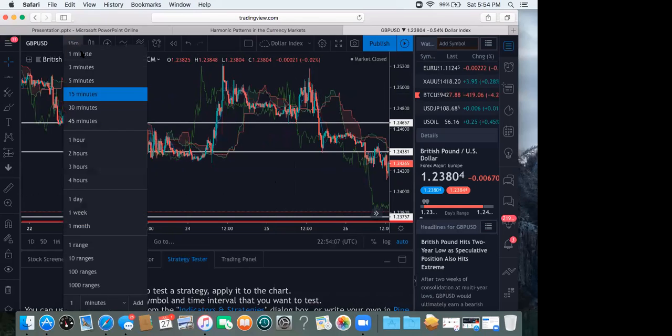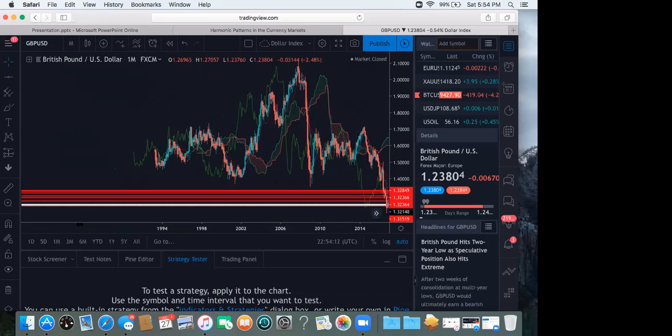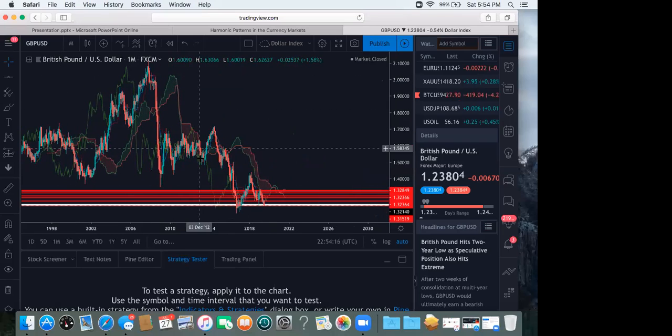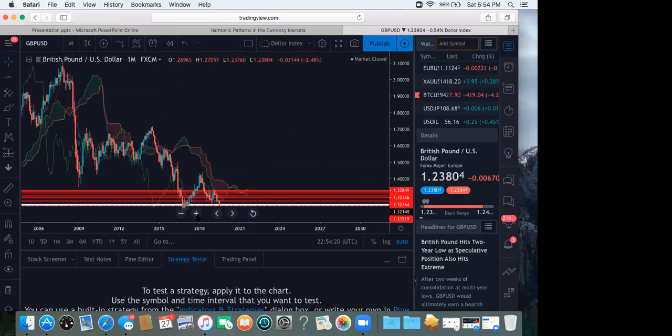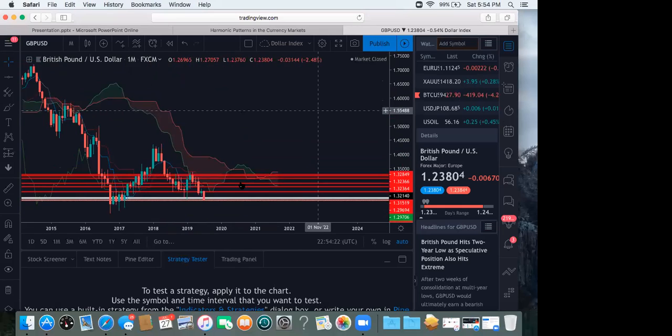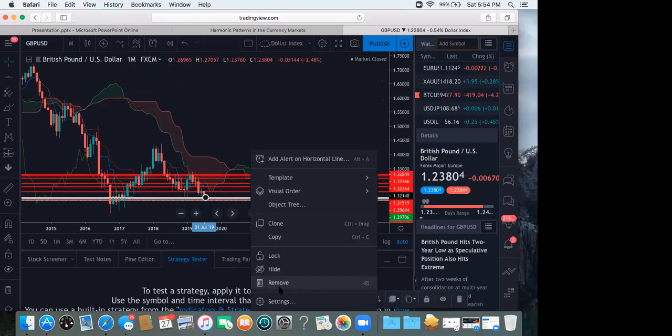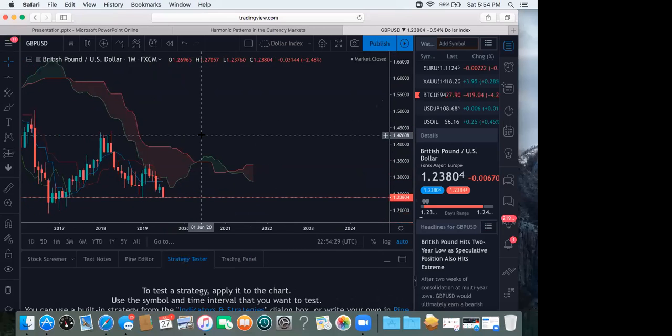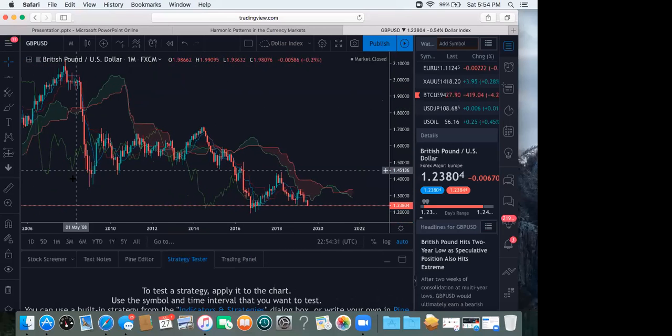Let's try it on the monthly. All right. This is GBP USD. So let's get rid of all these drawing tools. So right here, all right, we're going for a short.